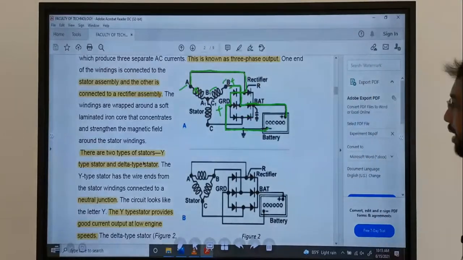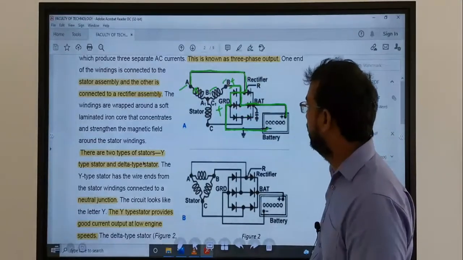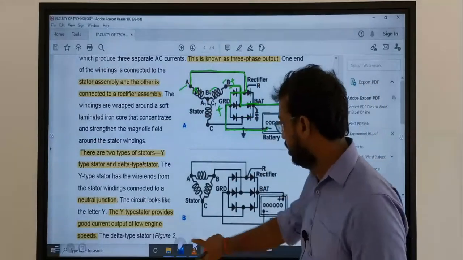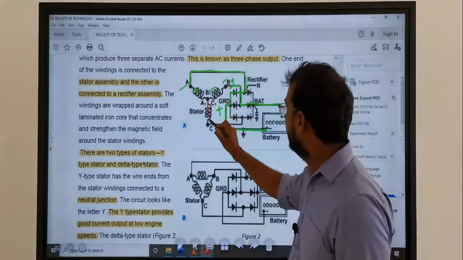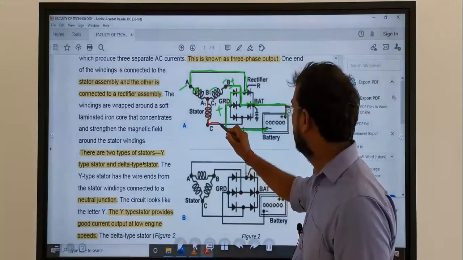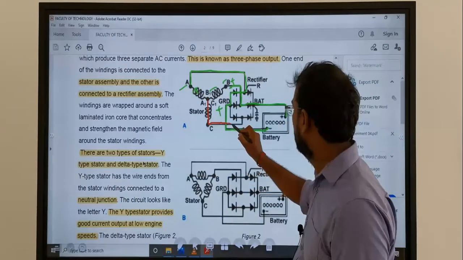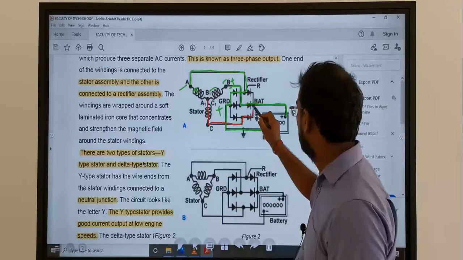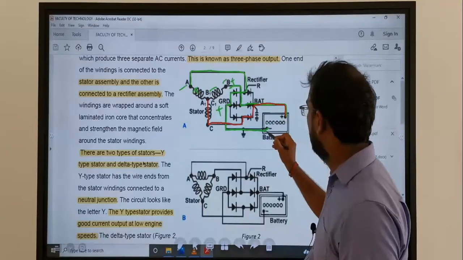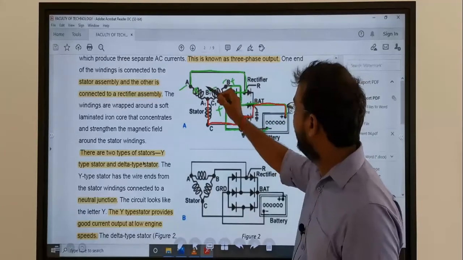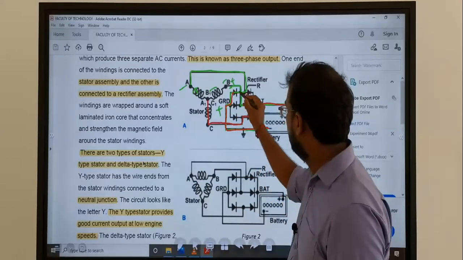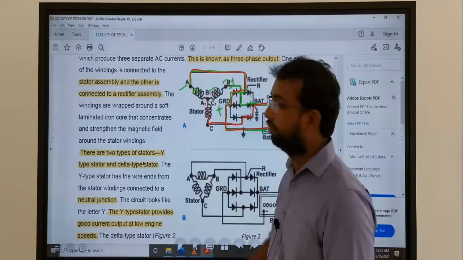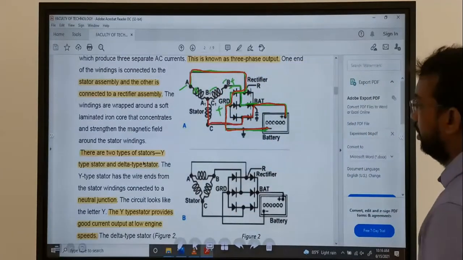At the same time, there is another current. This is also plus, it comes like this and goes to the battery. Again only here is the minus, so here also the same path, it also goes to minus.